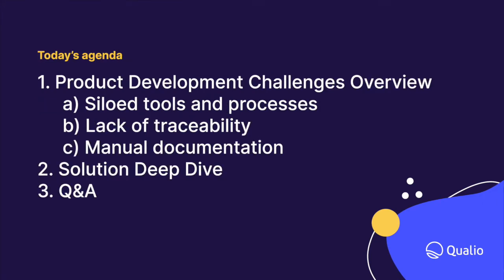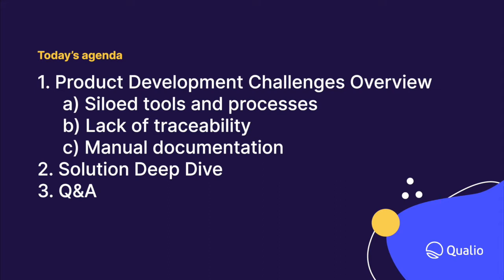So today's agenda is three-pronged. The first part of our webinar today will look at product development challenges that we've learned from talking to customers and prospects over the entire time that Qualio has existed, and especially during the time we were developing design controls. The first thing we heard from customers is that siloed tools and processes are extremely challenging for their teams as they build products.